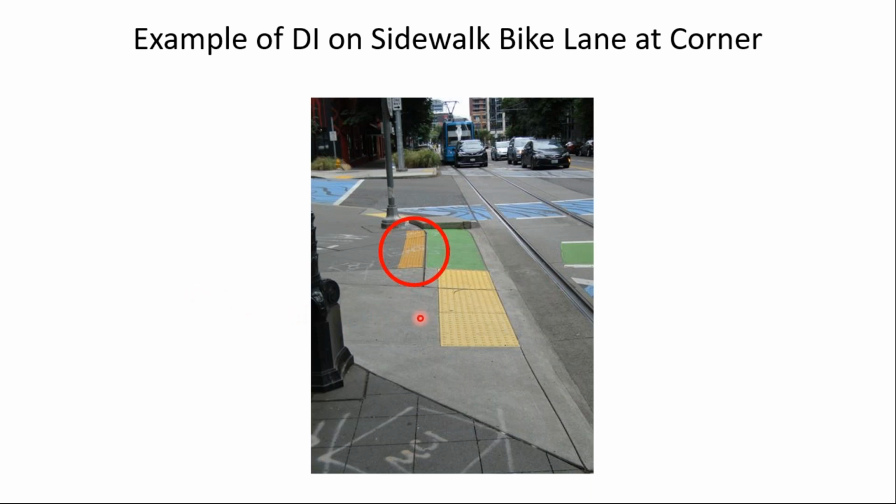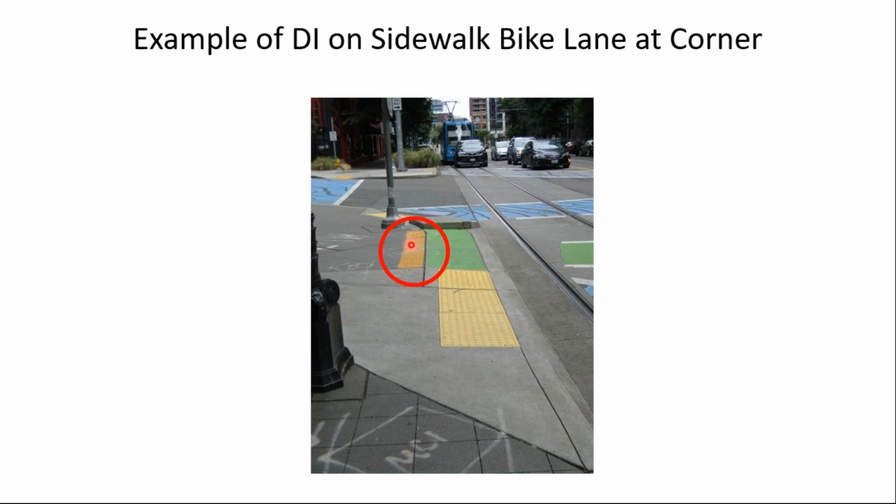This is the sidewalk. And so where the sidewalk enters the street and the curb is missing, we need to have a detectable warning surface that alerts the visually impaired that they're entering the street. But of course, we can't really use that here in the bike lane because we don't want pedestrians in the bike lane.